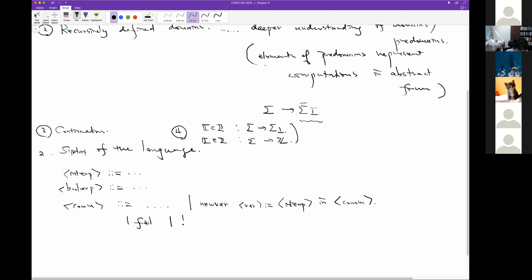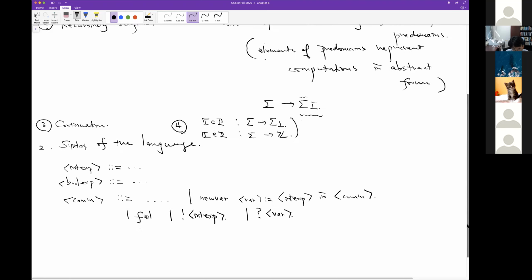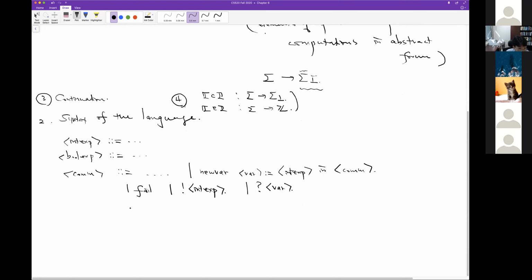One is output: this bang means we are going to produce an output, and we will output an integer expression. And then we will also take an input from the user: this question mark will be an input from the user, and then we provide a variable that will store the value. Okay. I think the best way to appreciate or understand this syntax is to look at some example programs.